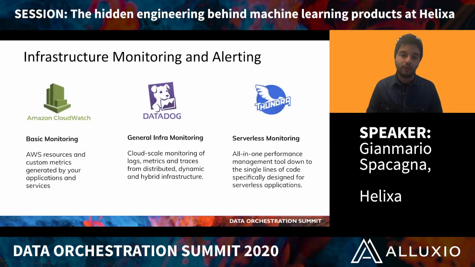If instead you need to do some monitoring of the infrastructure, you can start with the basic monitoring provided by CloudWatch. But if you need something more advanced, you want to look into Datadog. That is a general infrastructure monitoring tool. But if you're looking for something serverless specific, you may want to consider also Tableau.